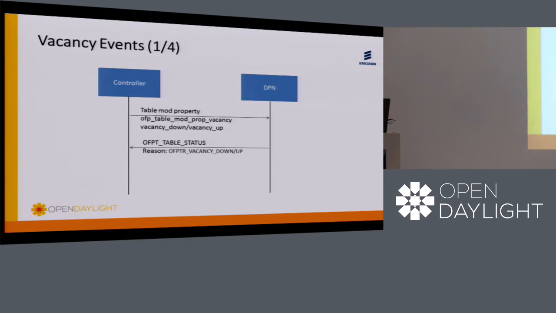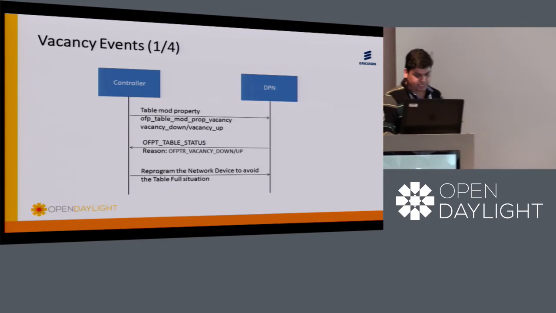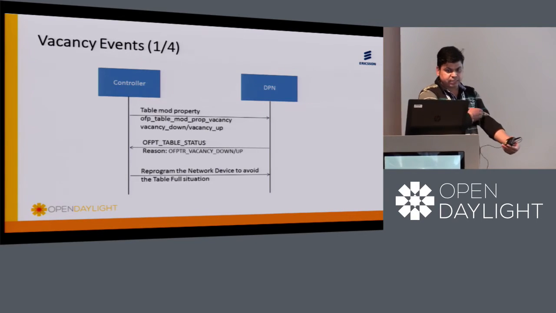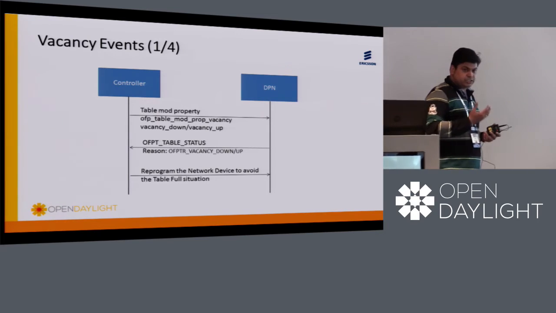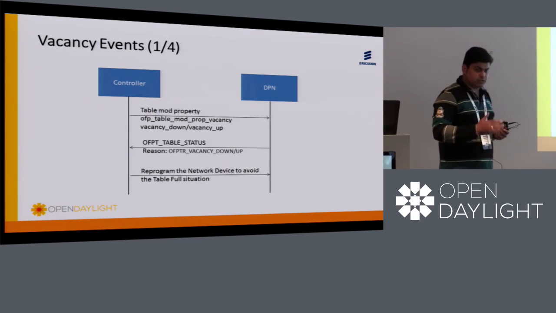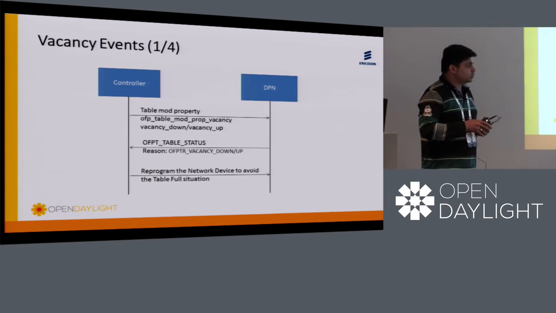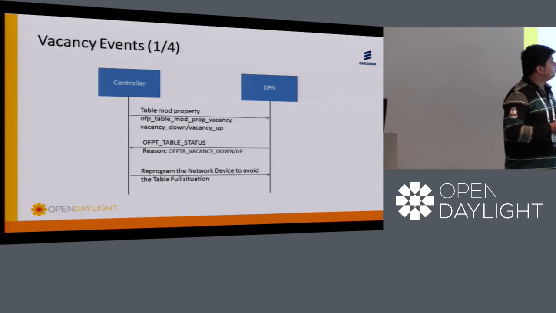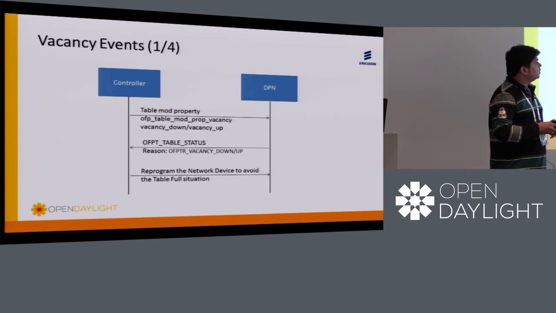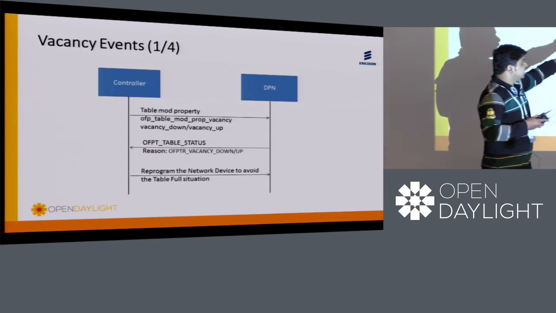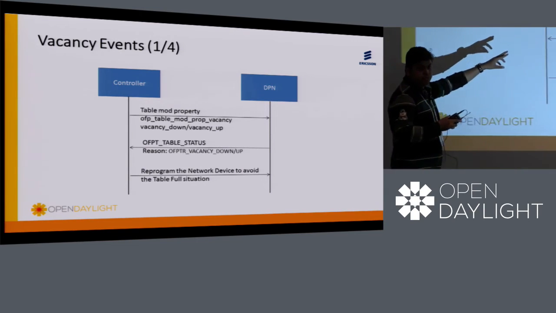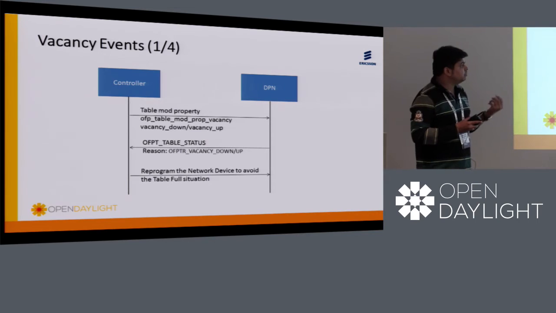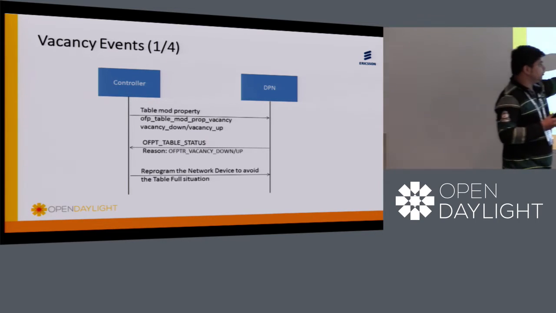So finally, the third property from the 1.4 spec, which will be useful in making our SDN network more adaptive, is the vacancy event. This is the notification which comes from the switch when you reach a particular level of table size. In the table mod property, we set the value for the down and the up vacancy value, and if these values are reached either up or down, the switch will send me a notification, which is table status.